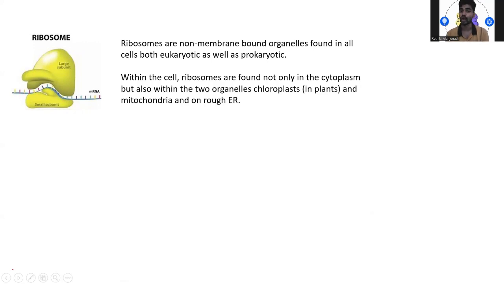Ribosomes are found not only in the cytoplasm, but also within two organelles: chloroplasts in plants, and mitochondria or rough endoplasmic reticulum in animals.